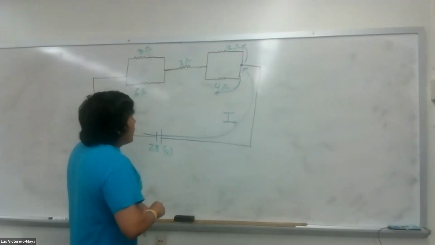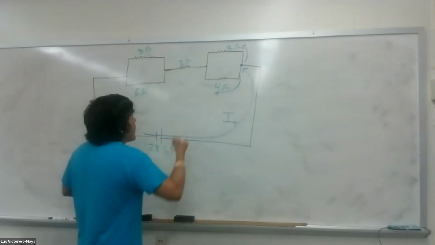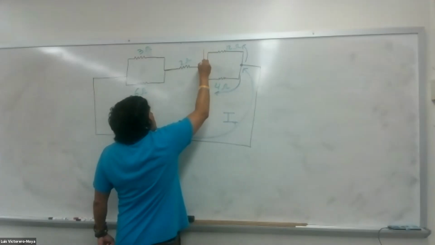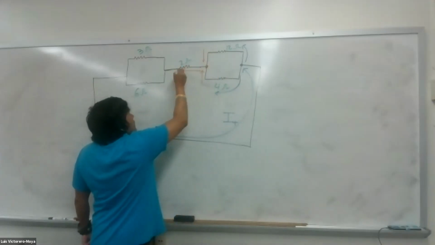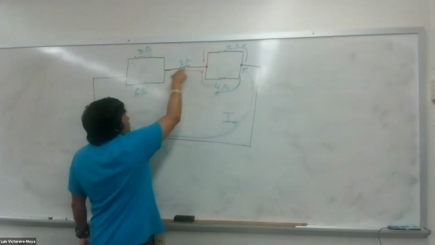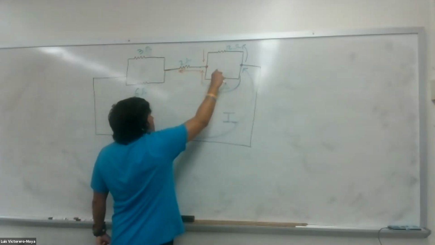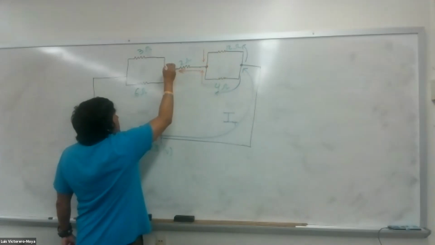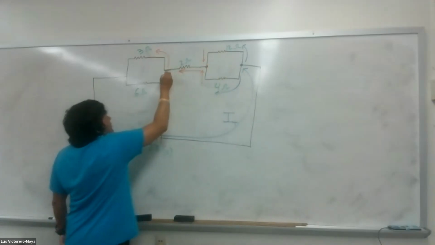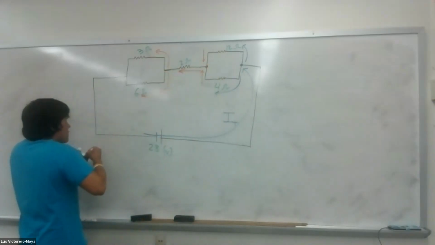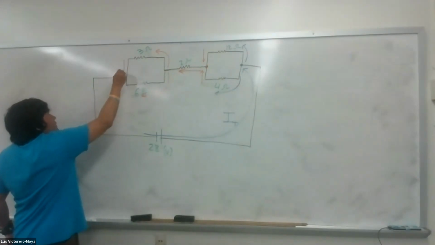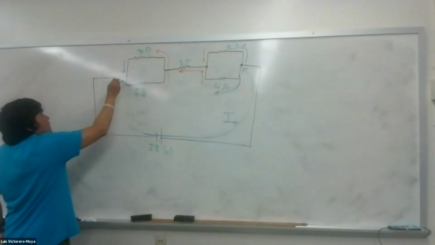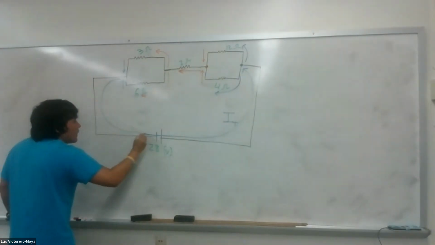And then you will have the current meeting at this junction here, and then again this total current will be here. It's split, it goes back to the same, but then it splits again, and then they join back here, and then goes all the way there.